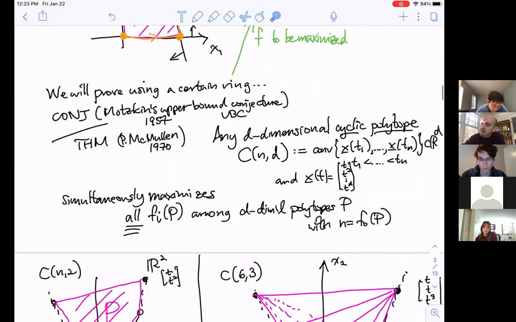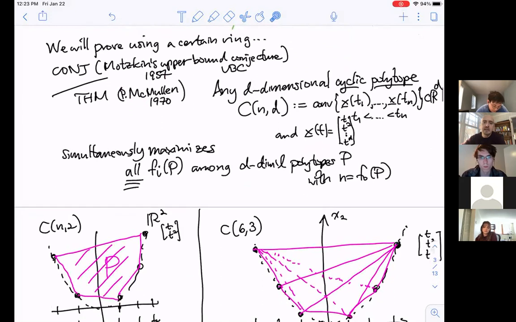And Motzkin, who was interested in linear programming, made his upper bound conjecture, which said that if you look at d-dimensional polytopes with n vertices, there is a family of them, the cyclic polytope C(n,d), which we defined as the convex hull of any n points on this moment curve, t, t squared, t cubed up to t to the d.